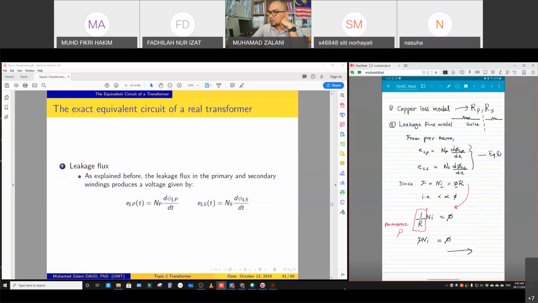Next, I'm going to show you. First, we consider the copper loss model in terms of RP and RS, which are resistances placed in series.